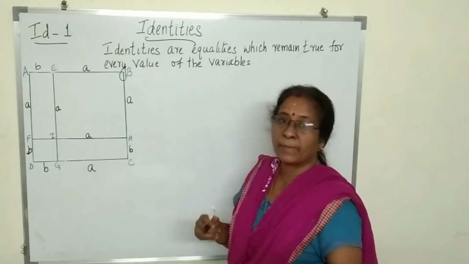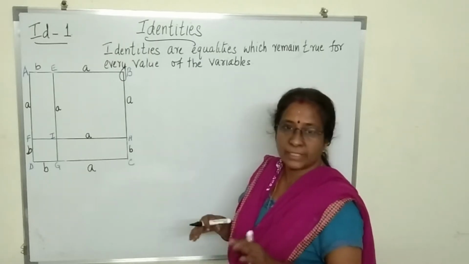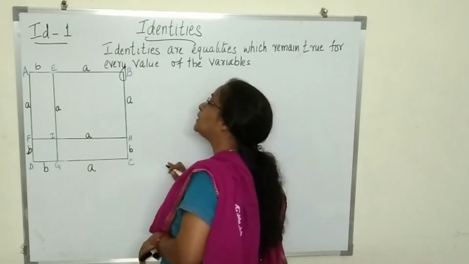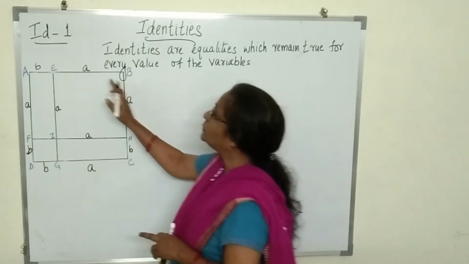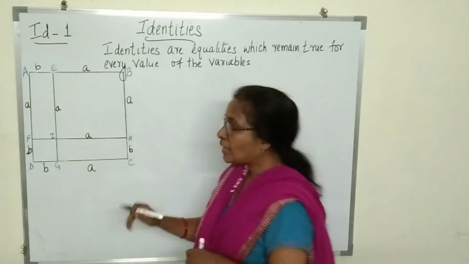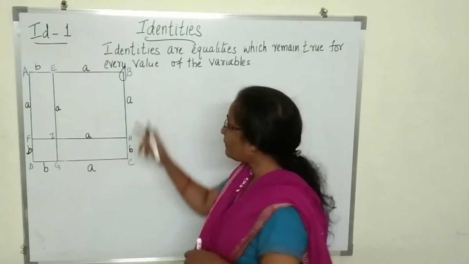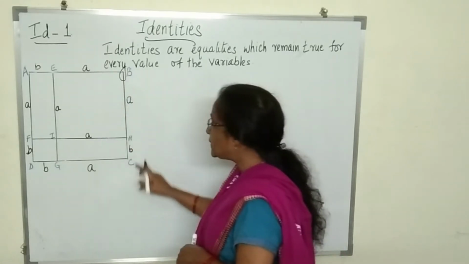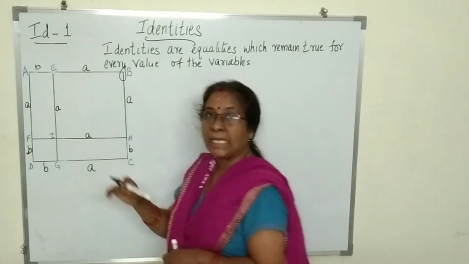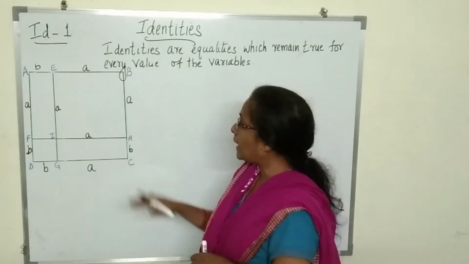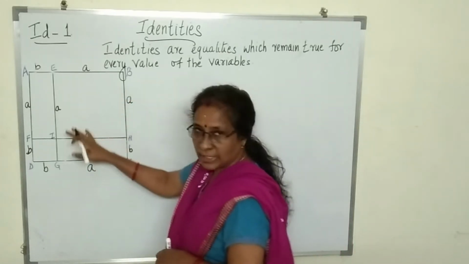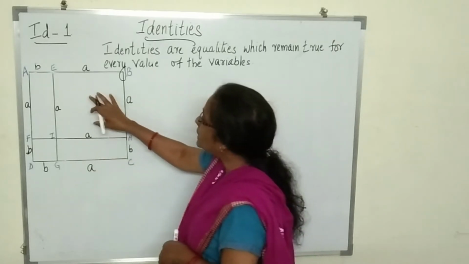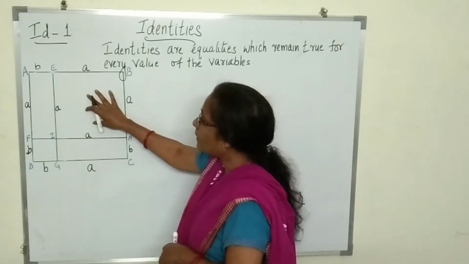Now what is its application or how is it derived? Let us learn that. First we have to go through this diagram. ABCD is a square. If you look at the figure, you can see there is another square.